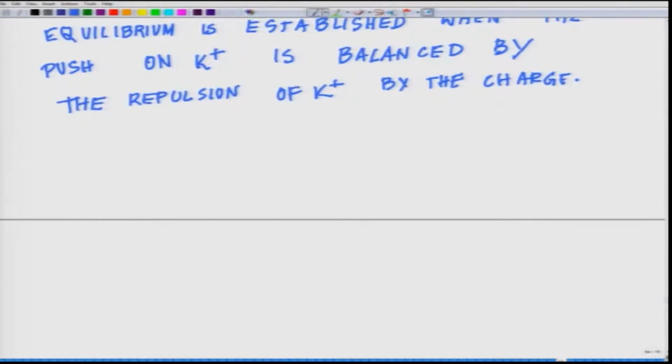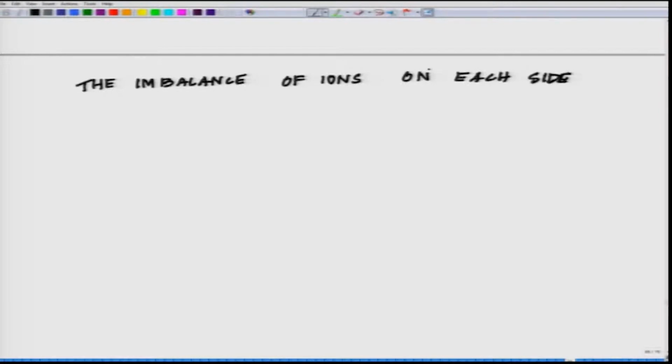So, that brings us to an interesting situation. The imbalance of ion on each side leads to a potential difference across the membrane.